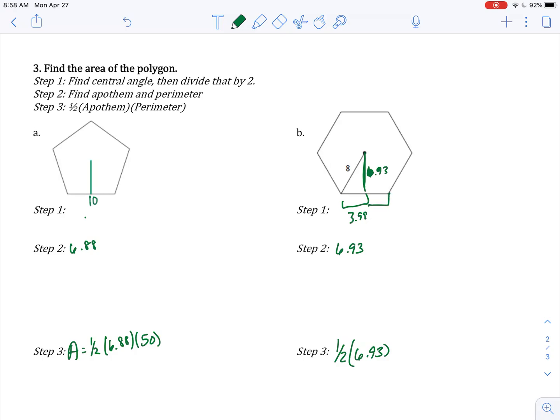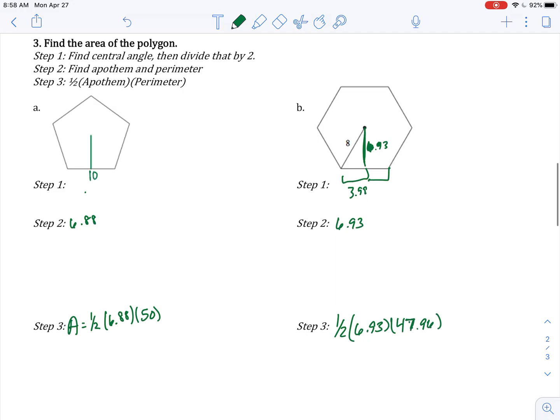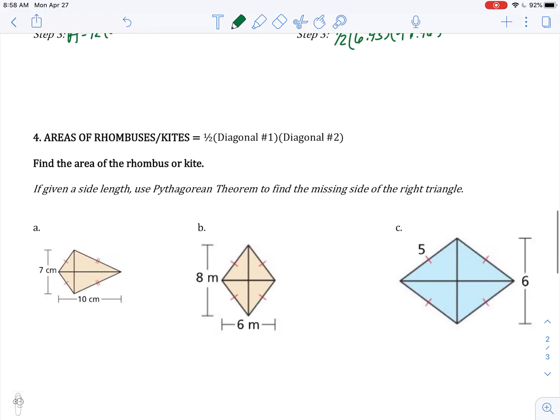So use your Pythagorean theorem, and this part is 4 basically, 3.99. So multiply that by 2 to get the whole side length, and times 6 to get the perimeter.